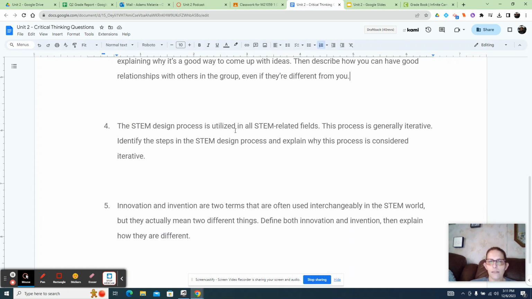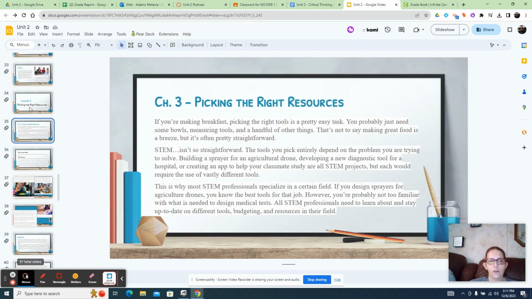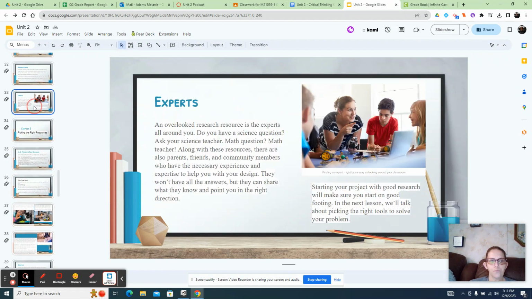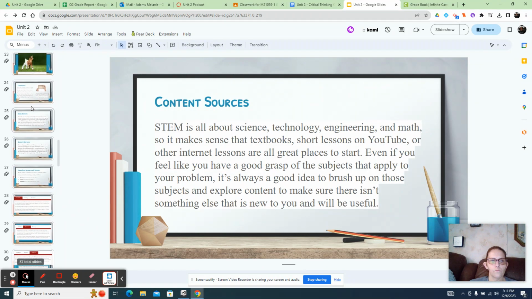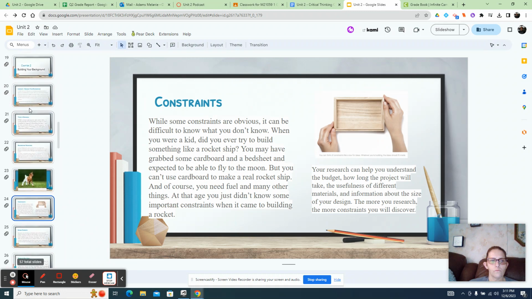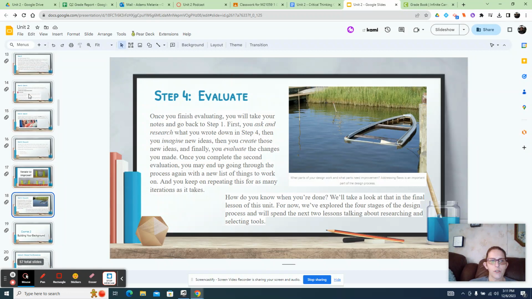The STEM design process is utilized in all STEM related fields. This process is generally iterative, which means it kind of circles around. Identify the steps in the STEM design process and explain why this process is considered iterative. Again, going back to the slideshow, here's your design process.